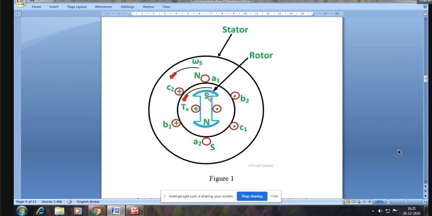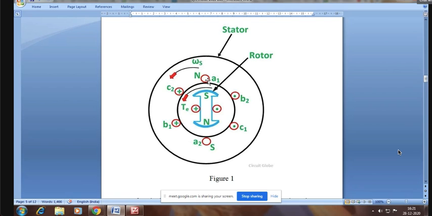So since the rotor is not rotating at this point of time, the south pole and north pole positions are fixed. But the stator poles are changing their polarities at regular intervals of time because they are being created by a three-phase supply which is alternating in nature.